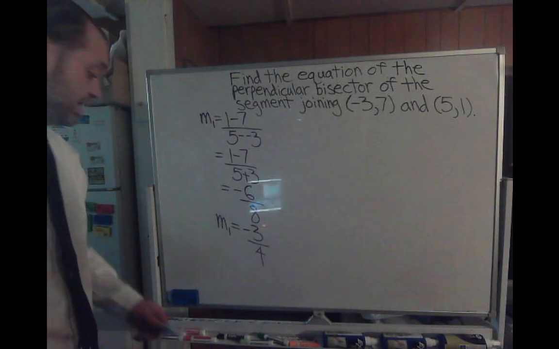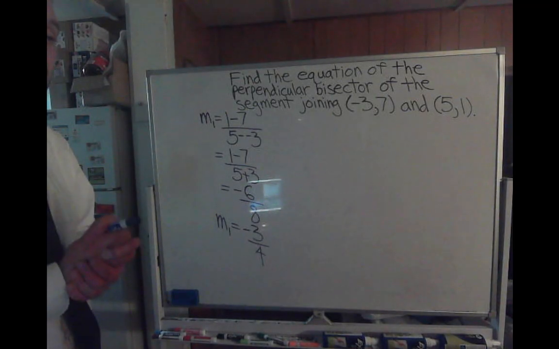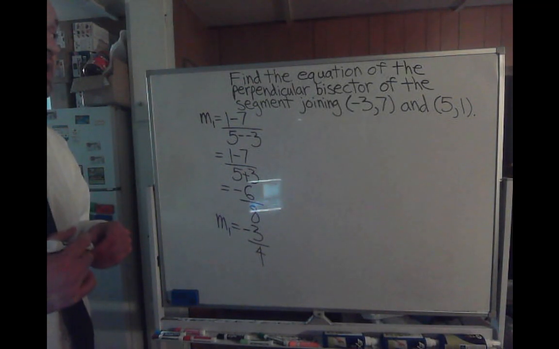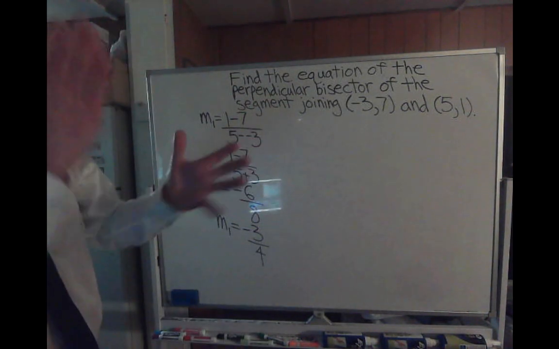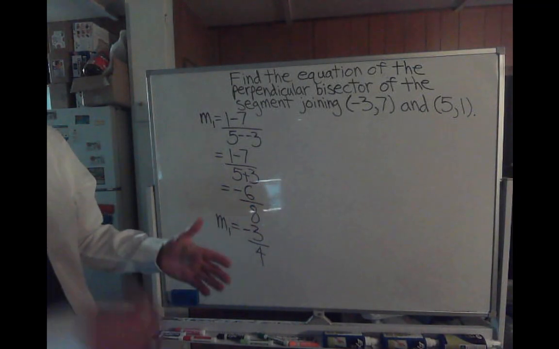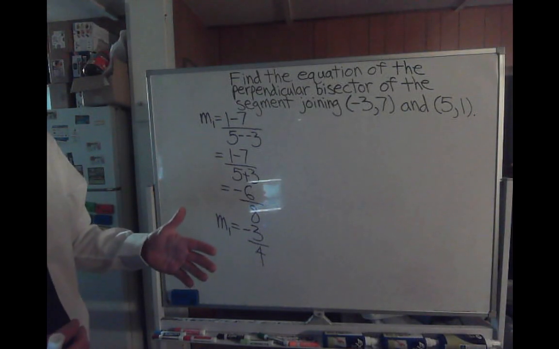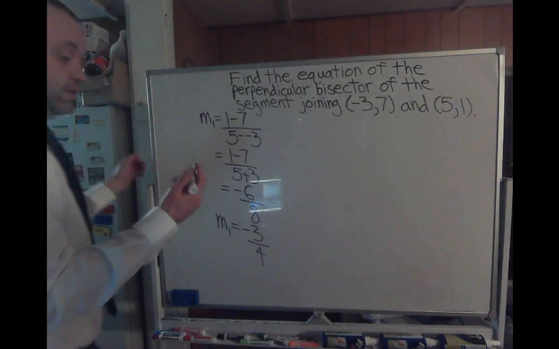Now, again, think about what a perpendicular bisector does to a line based on the definition. It bisects the line, meaning it meets the line right at its midpoint and is perpendicular to the line. So that means we need to find the midpoint of the line segment joining those 2 points.